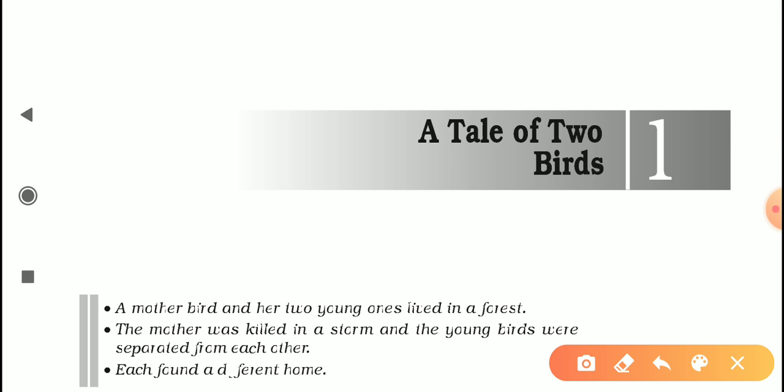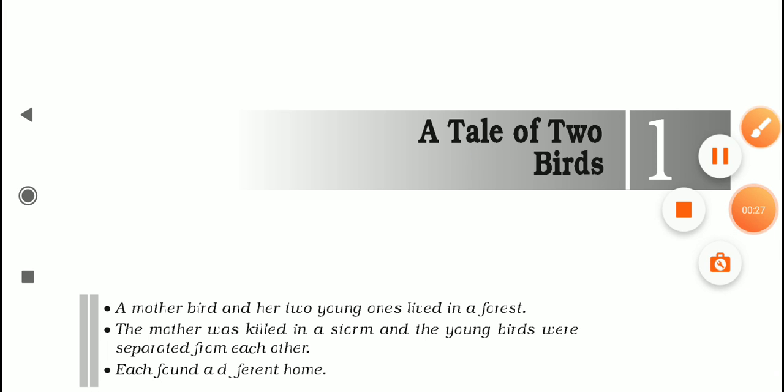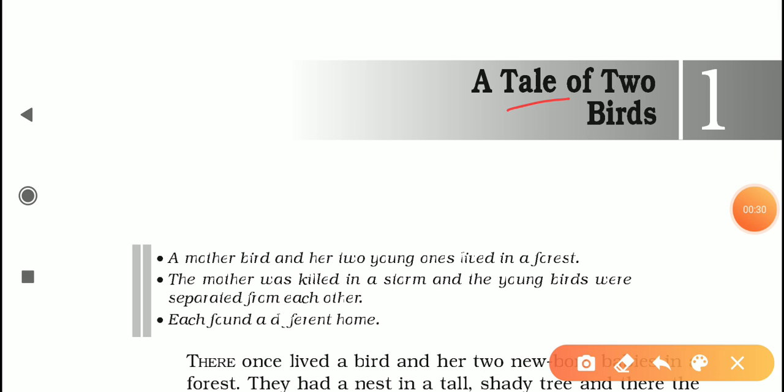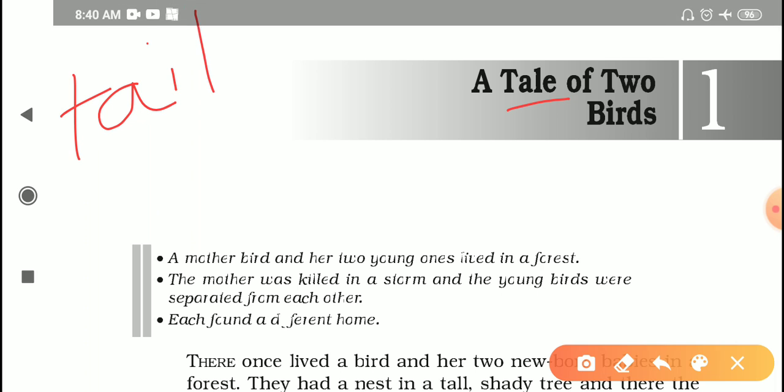First, see the word tale. The word tale means a story. Can you tell me if there is another word which sounds just like this word but means something else? Yes, there are many words like this, just like tail.